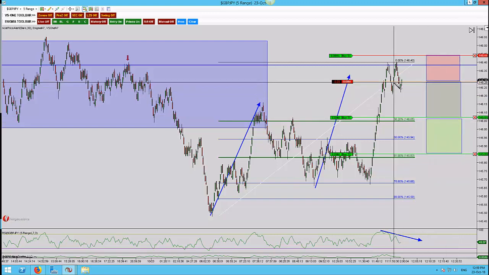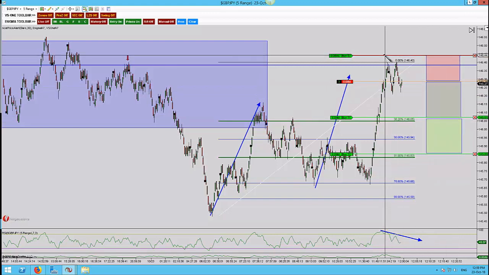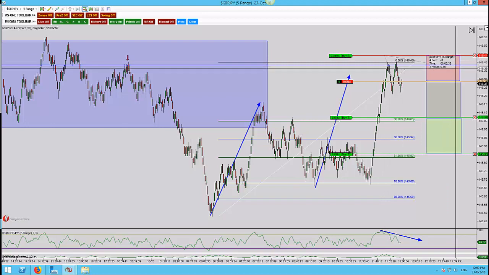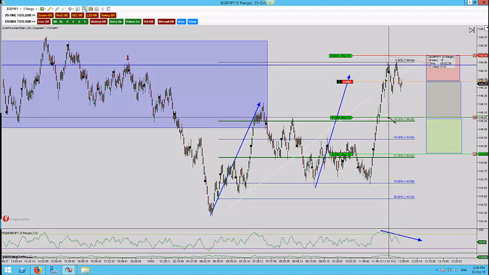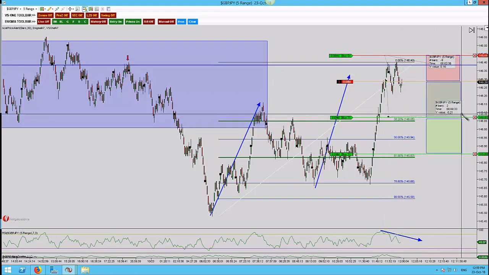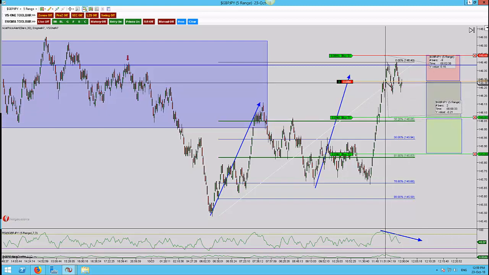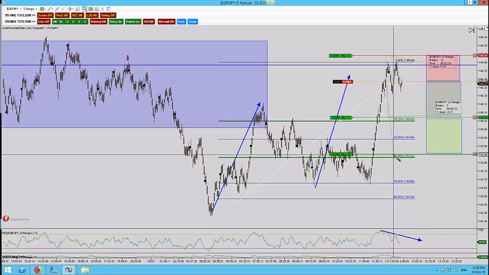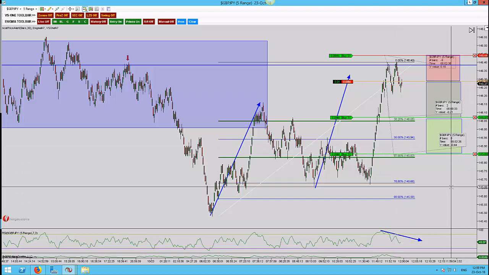Okay, so in terms of risk then, we're looking at 16 pips. Reward is going to be 21, and second target is going to be 44. Let's just have a quick look at the 60-minute time frame.